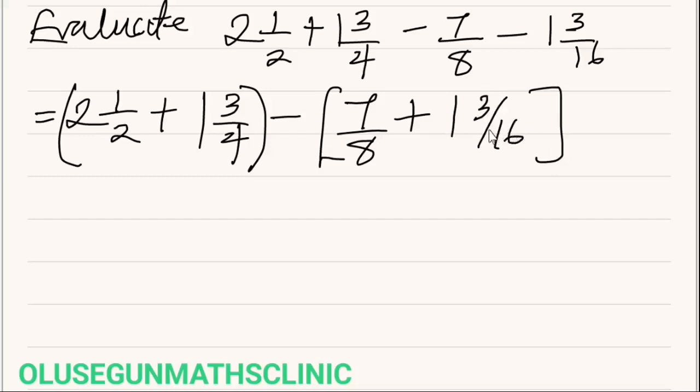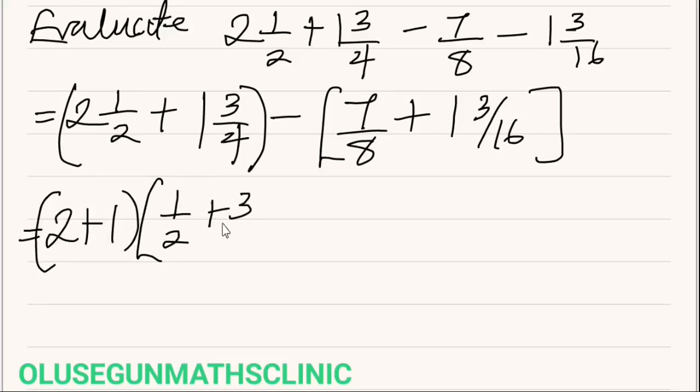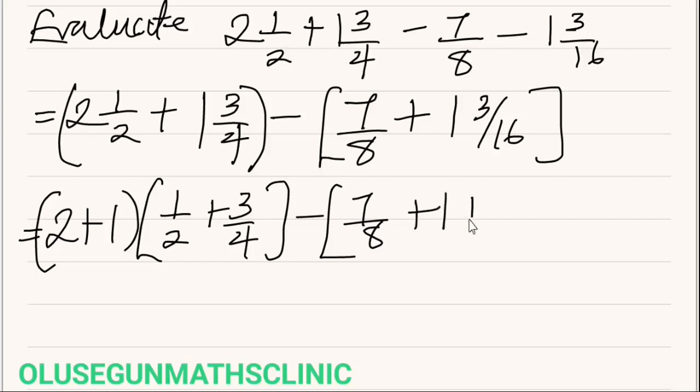So now, in having this, you firstly consider the integers together. We have 2 plus 1, open and close the bracket, to have 1 over 2 plus 3 over 4, now minus 7 over 8 plus 1 plus 3 over 16.